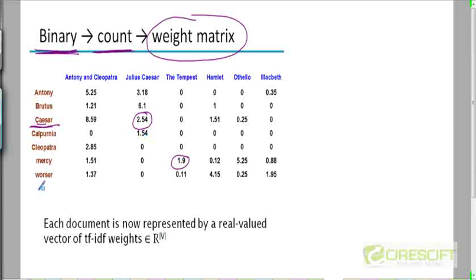If there was a term like the, which appeared in every single document, then you would have seen zeros everywhere, because the IDF score does not depend on the document itself. It just depends on the term, how common the term is in the collection, as indicated by the document frequency. And if the document frequency is n, then that IDF score is going to be 0, regardless of what document you look at.